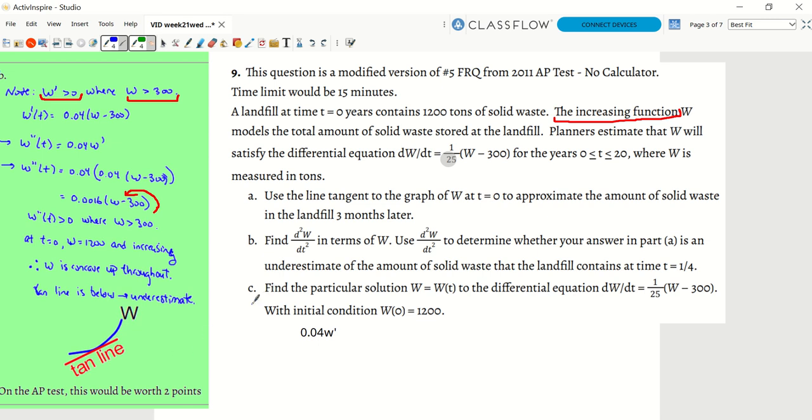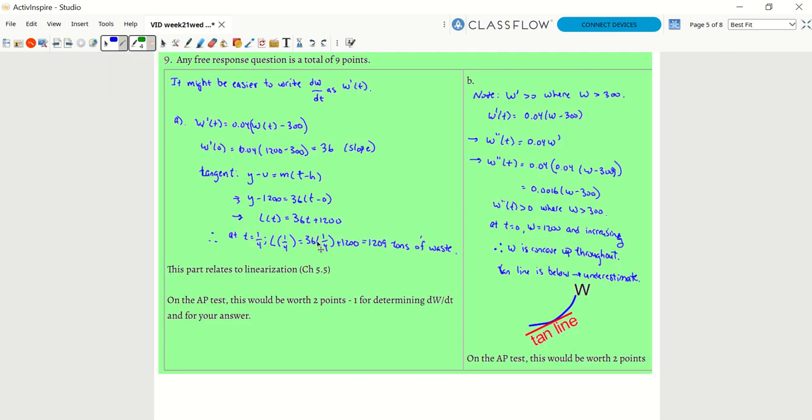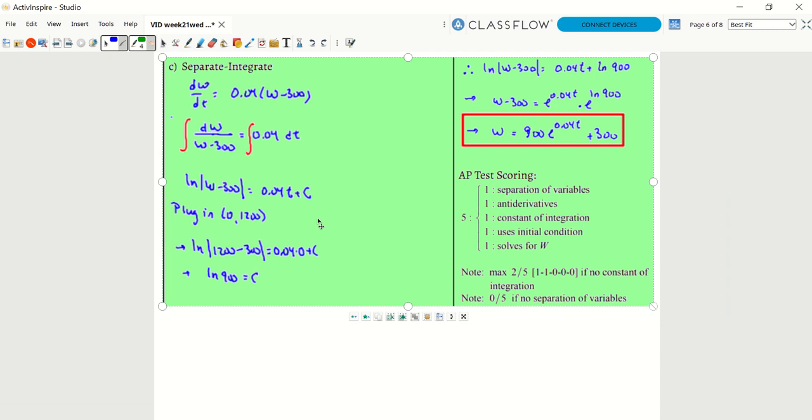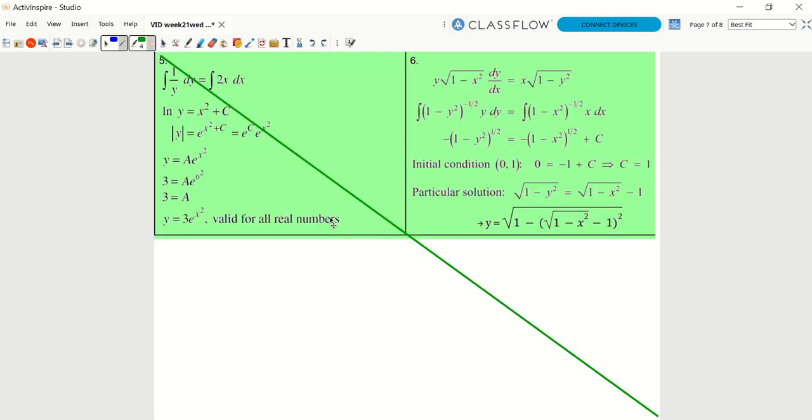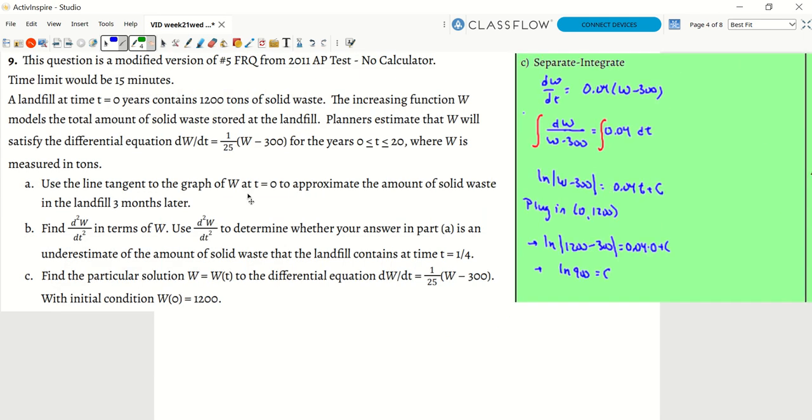Now let's look at part C. C is basically what we've been doing a lot. So if you look at C over here, I get this. We're basically doing what we've been doing over and over again. I'm going to multiply both sides by dt, take the integral.